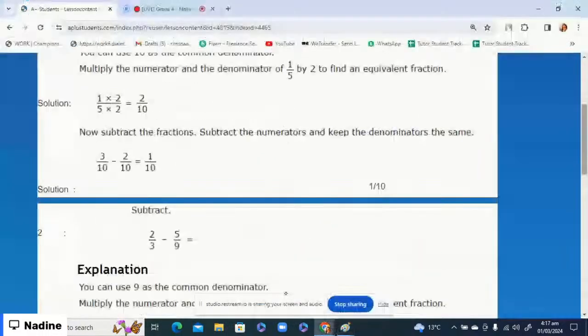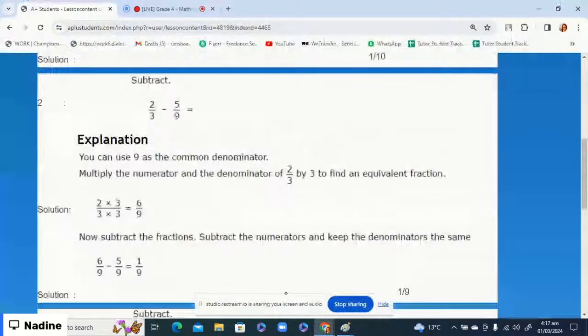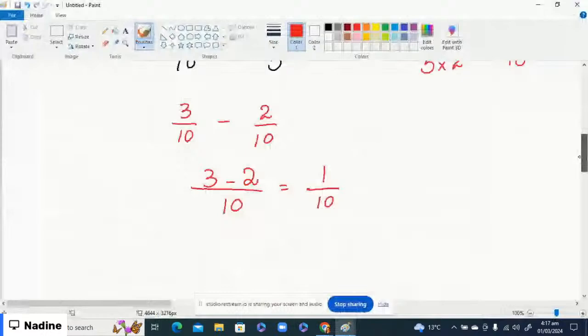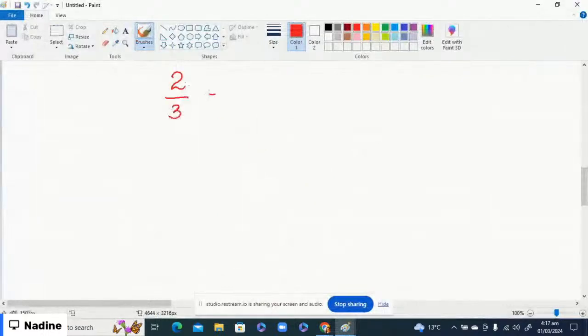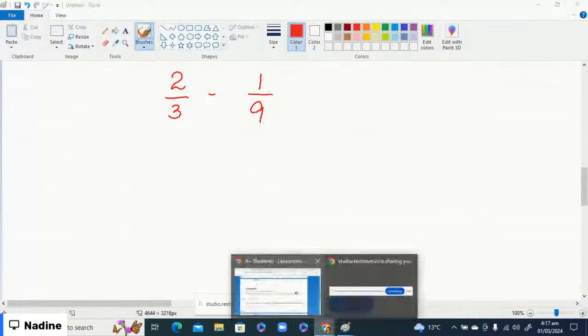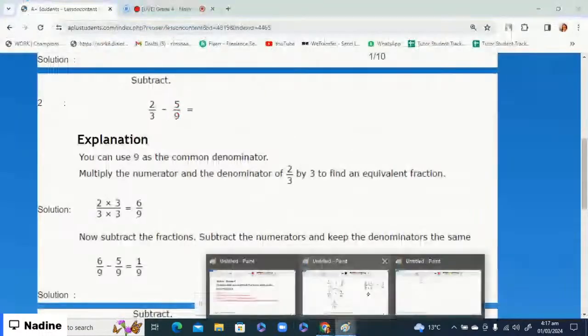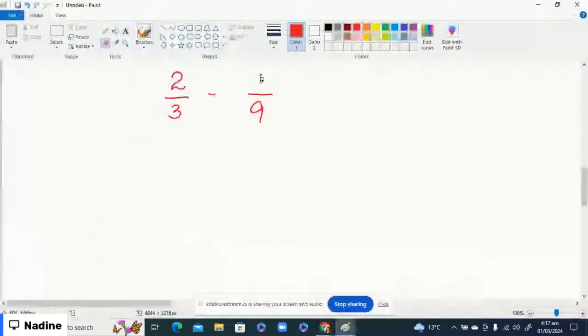Subtract 2 by 3 minus 5 over 9. Let's write 2 over 3 minus 5 over 9. Same thing, now check.